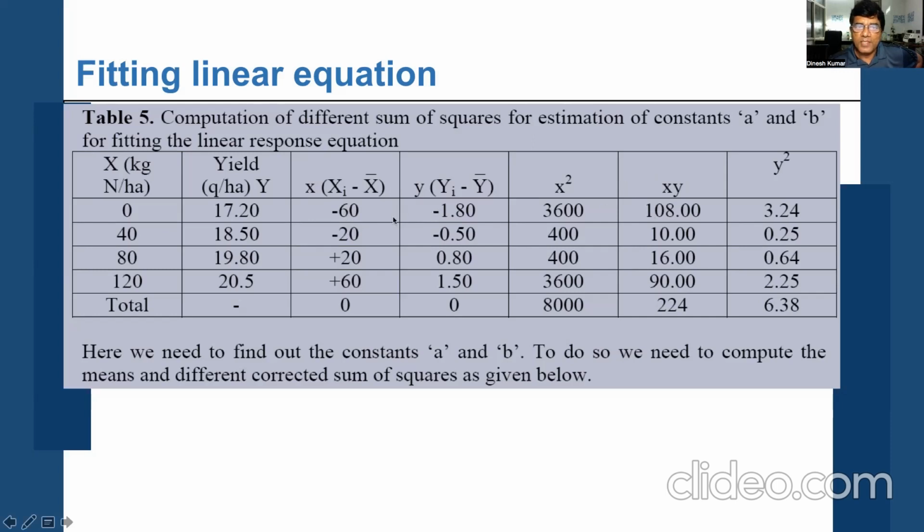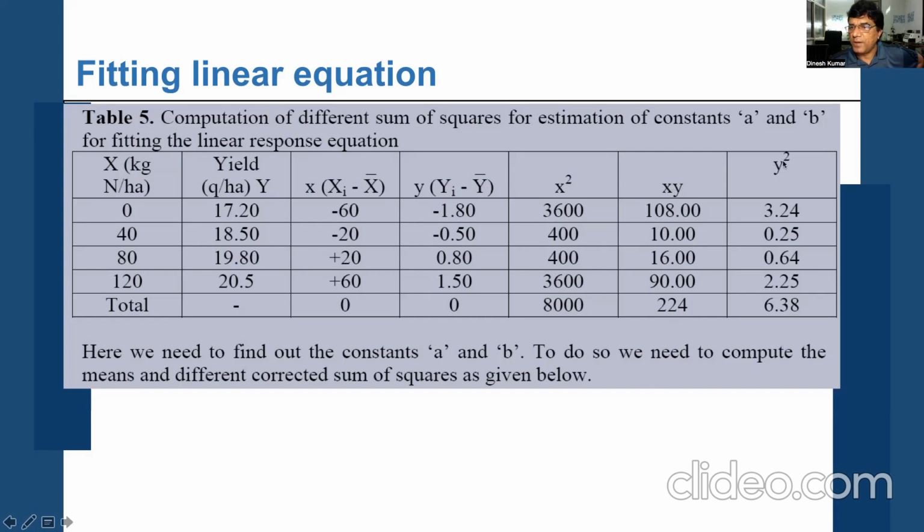Minus 60 into minus 1.8, you get 108. Minus 20 into minus 0.5, you get 10. Plus 20 into 0.8, you get 16. And plus 60 into 1.5, you get 90. If you make the total of all these, you get 224. 224 is summation small xy.